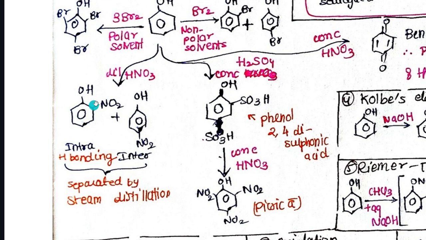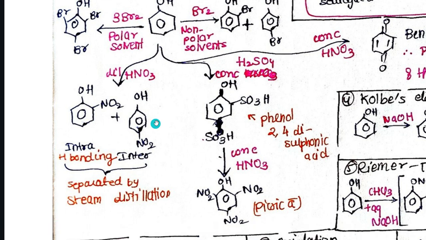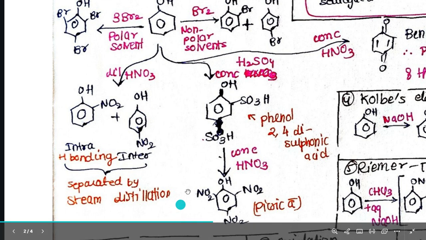We will get orthonitrophenol and paranitrophenol. Here, orthonitrophenol has intramolecular hydrogen bonding, while paranitrophenol has intermolecular hydrogen bonding. Intra means inside it, and inter means between two neighboring molecules. These two are separated by steam distillation.